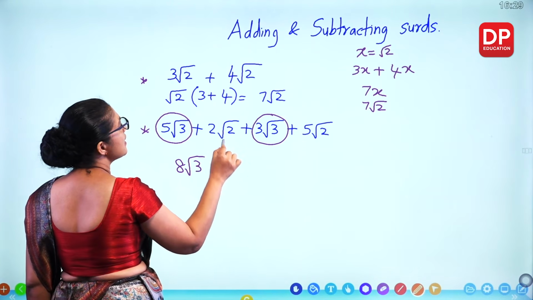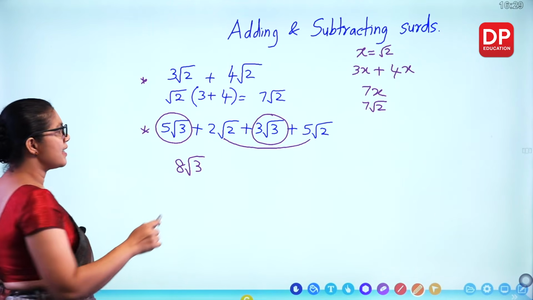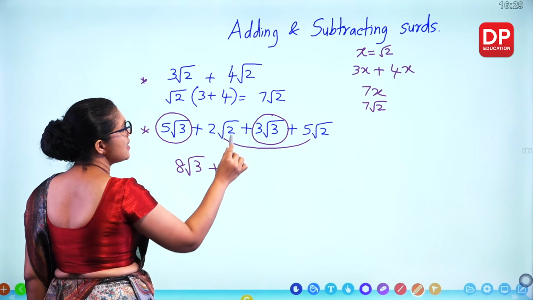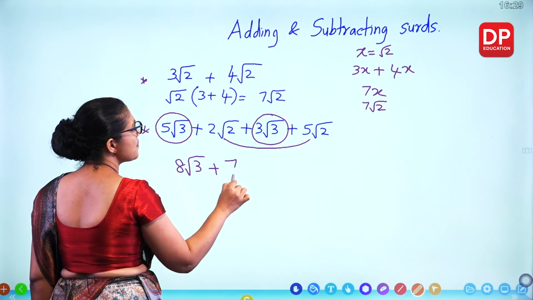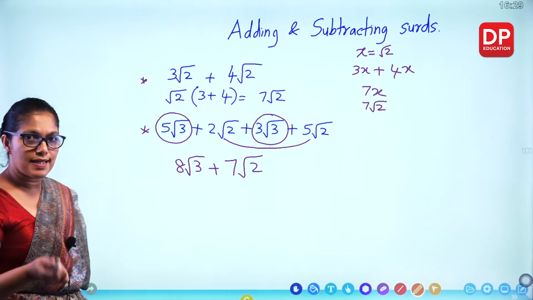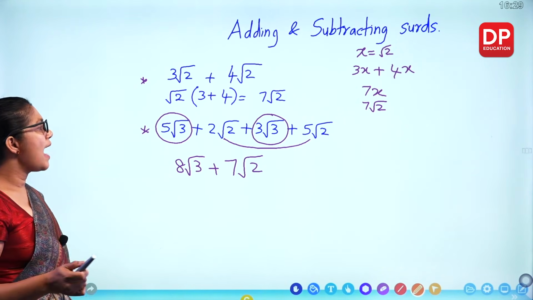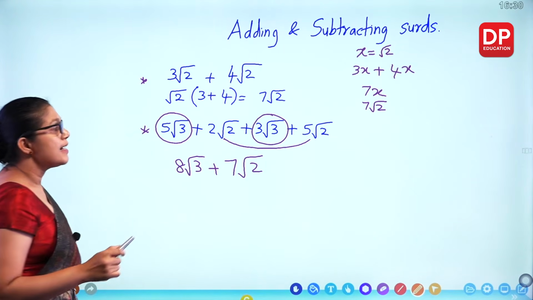When you take this one and this one, you can add separately. So what's the answer? Root 2 is the surd value. 2 plus 5 becomes 7. So when you want to add surd values, you can add same surd values and simplify.